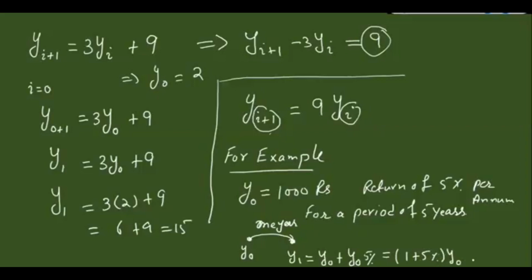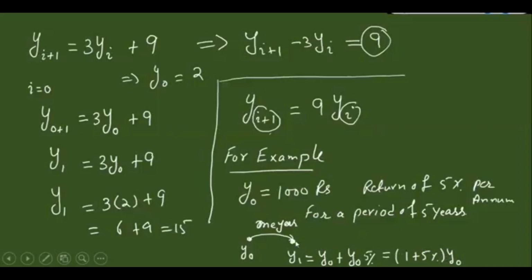Now students, look at this relation. What does this say? After the completion of 1 year, the new amount will be equal to some number multiplied by the previous value.